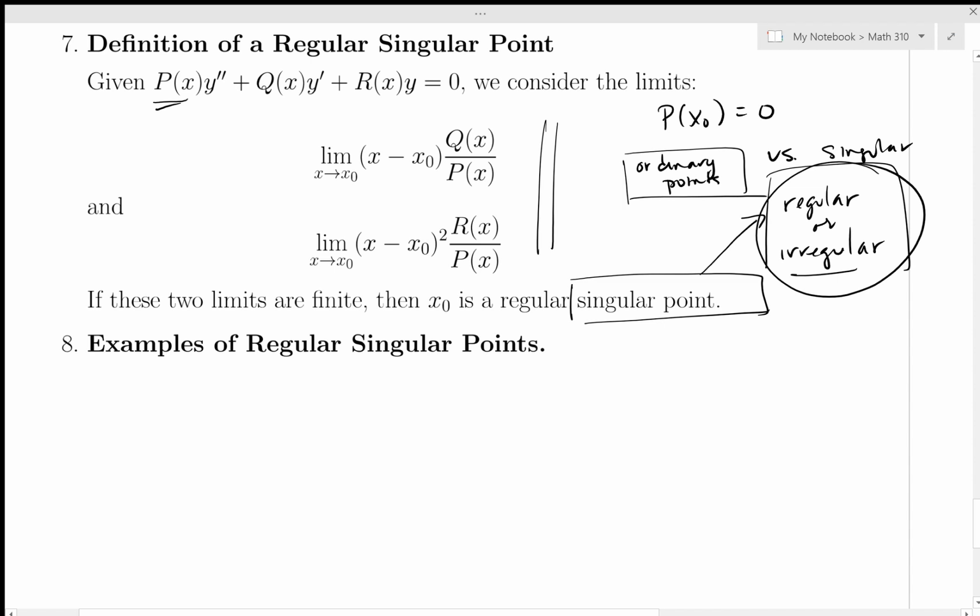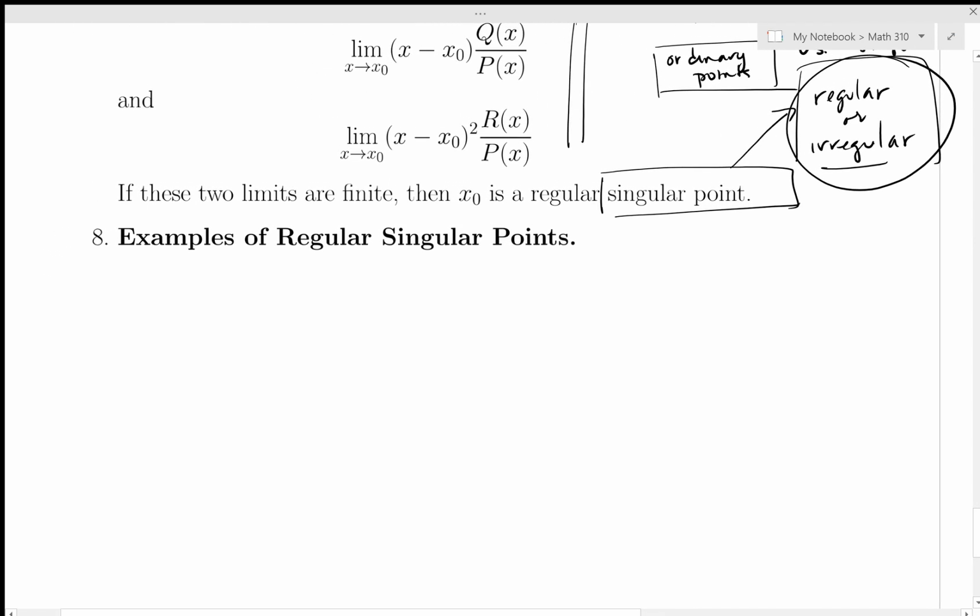So let us just take a look at a couple of examples. We'll see an example of a regular singular point and an irregular singular point. So let's do the slightly easier one first, and then we should be able to distinguish.